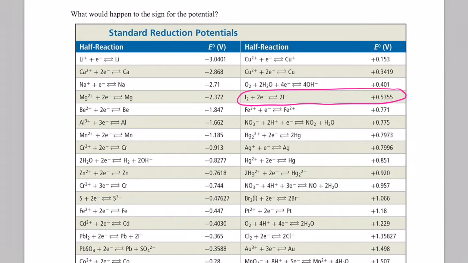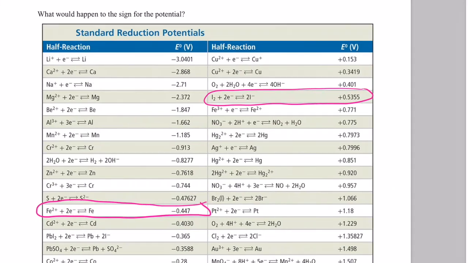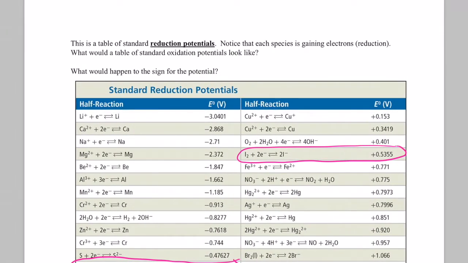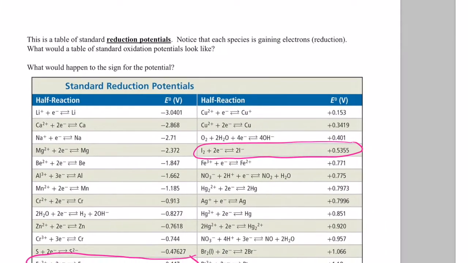So see if we can find that one. And here it is, right over here. So let's write both of these reduction potentials down. So the iodine reaction was a positive 0.536 volts. And the iron reaction, the iron 2+, was a negative 0.447.